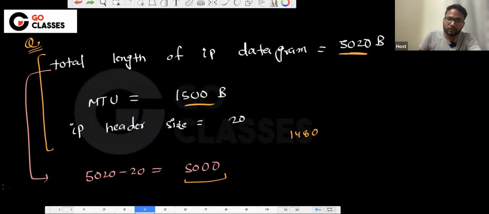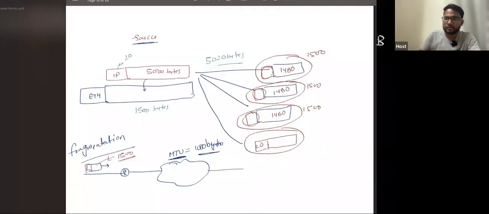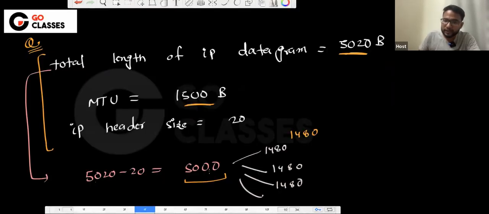So you just do this calculation. One of the packets will have 1480, another 1480, another 1480, and whatever is remaining will be in the last one. So it will be divided into 4 parts, and then the remaining will be here. You subtract 20 from both of them and then divide.